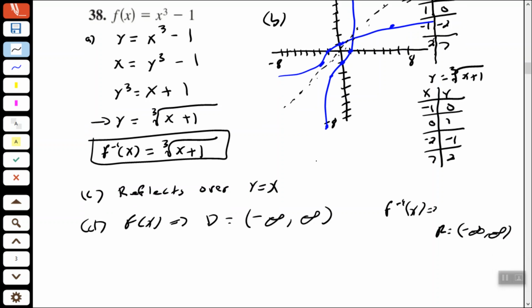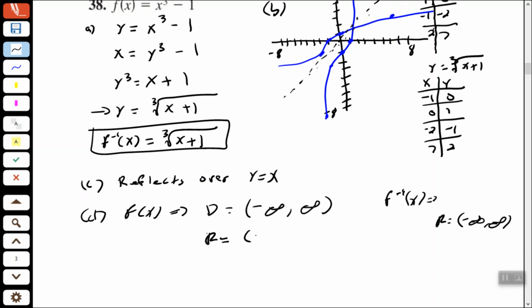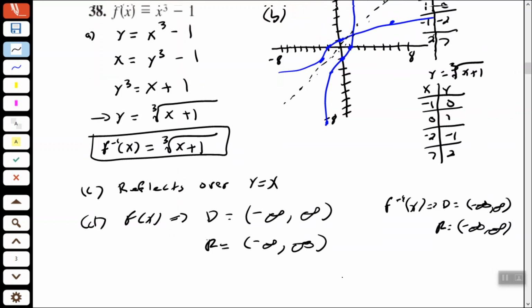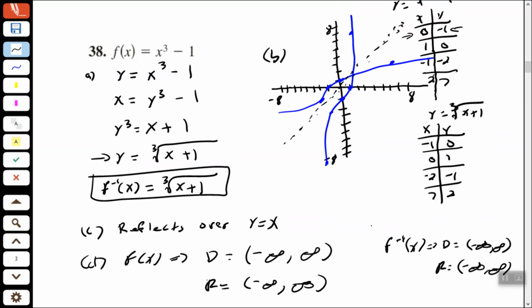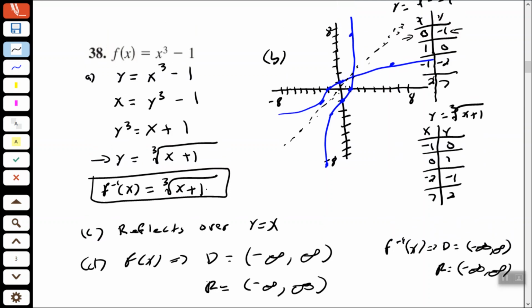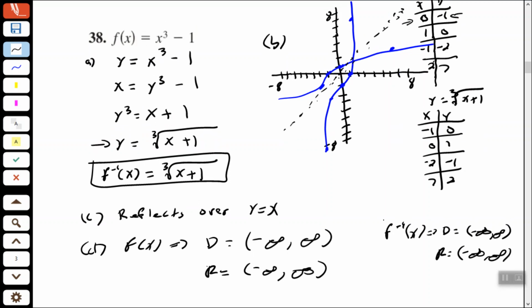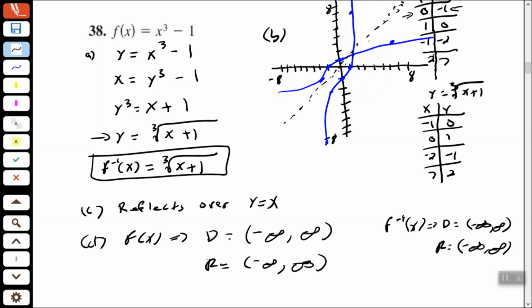And then for f of x, the range is also equal to -infinity to infinity. We don't have any restrictions here. Okay. Alrighty. So that's that problem there. We found the inverse. We graphed. We said it reflects over the y equals x line there. And then we stated our domain and range for the function and its inverse.